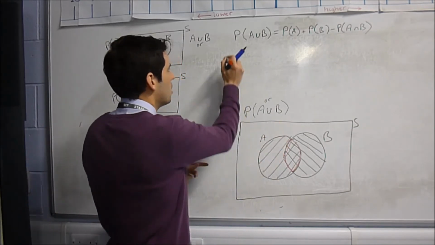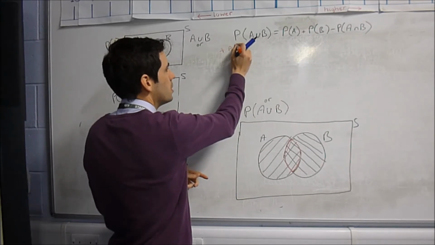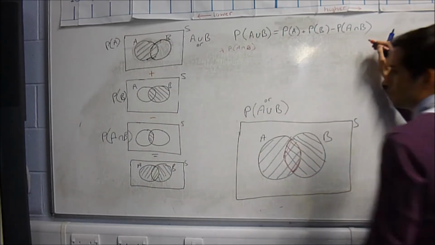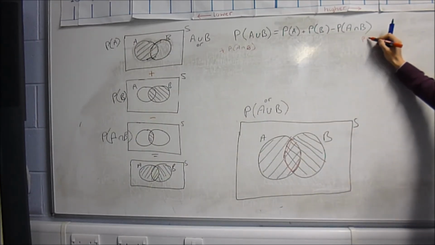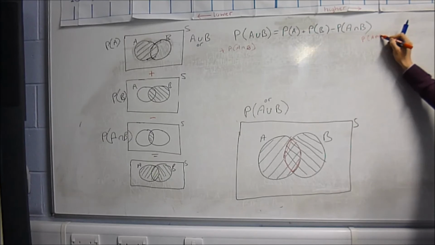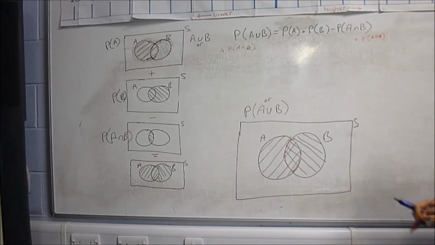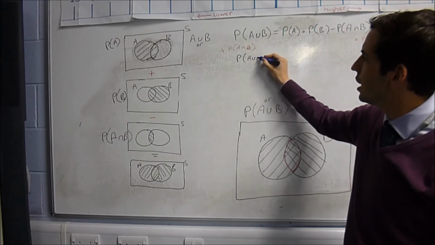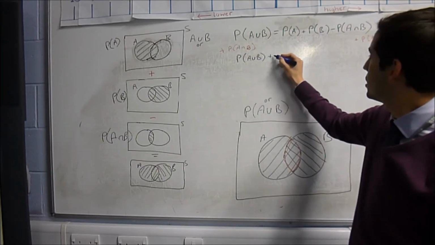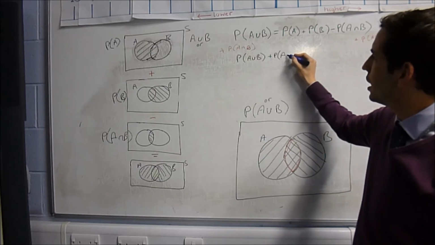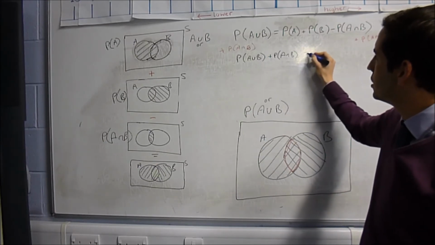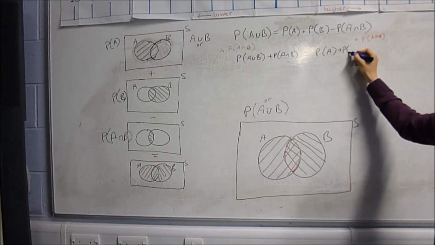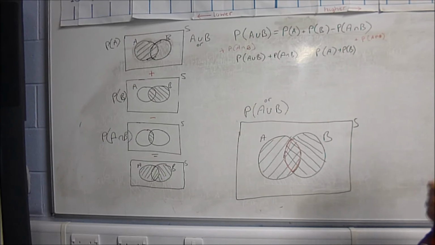I could add the probability of A and B to both sides. Add that to both sides, that leaves me the probability of A or B plus the probability of A and B equals probability of A plus the probability of B. All good.